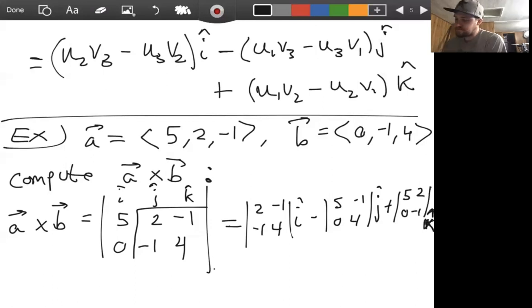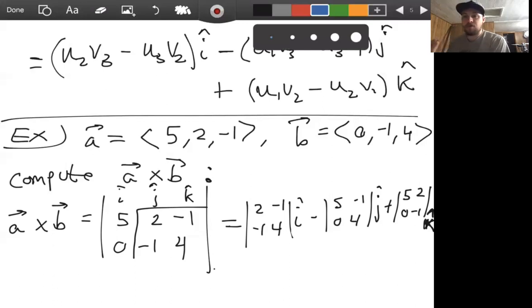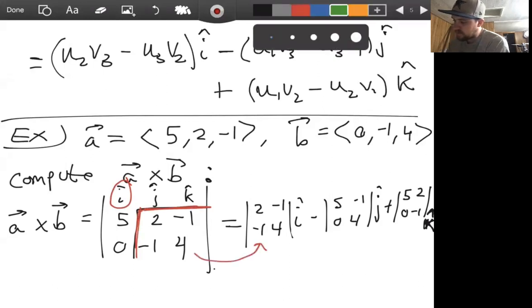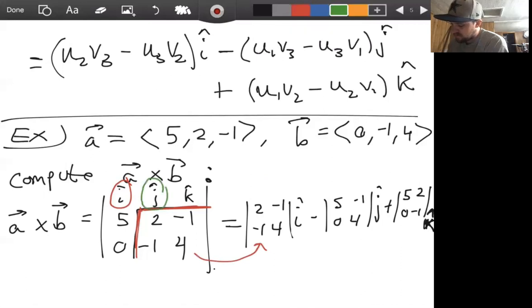Right? Because, again, you can go through this as slowly as you need each time until you can just by inspection see what the submatrices are going to be. So for I, we delete the row and column that I belongs to, and then we look at the corresponding submatrix, and we saw that was this one. We do the same thing for J hat here.